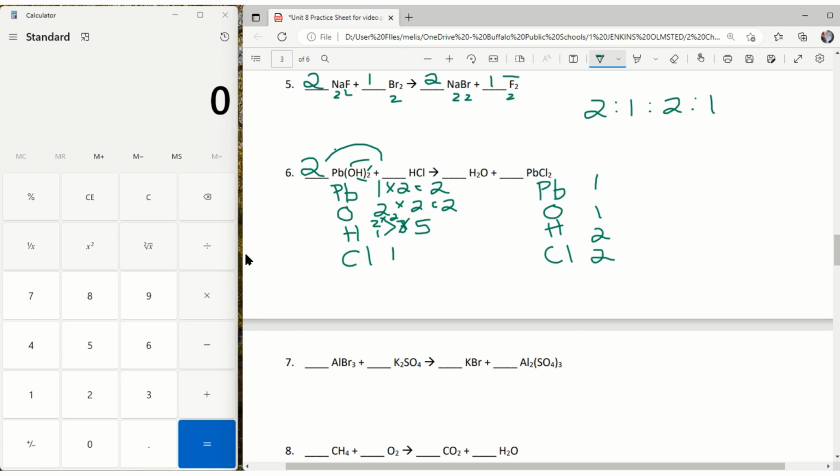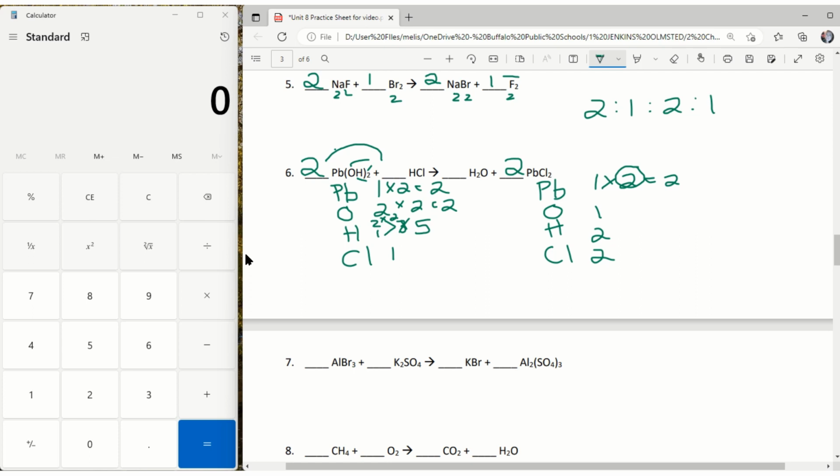On this side, all right, what do I do? Well, I have 2 PBs over here. So let's try and make this have 2 PBs on this side. So that 2 becomes the coefficient in front of PB.